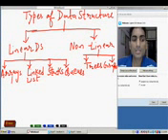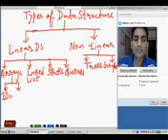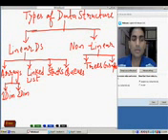Arrays, we will talk about arrays. As you know, an array can further be classified into two different types: one dimensional arrays and two dimensional arrays.